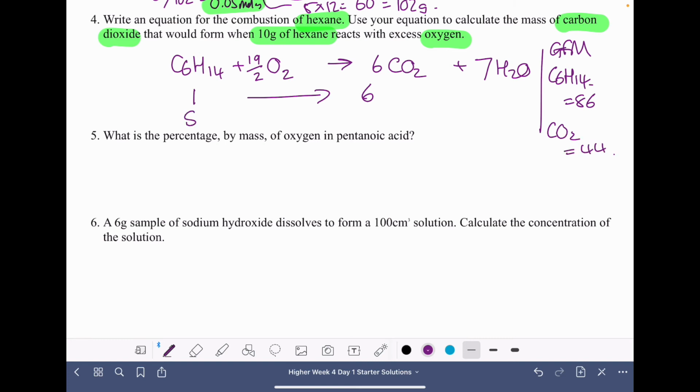So 86 grams should give me 44 times 6, which is 264 grams. I'm going to start off with 10 grams. So I'm going to end up with 264 divided by 86 times 10, which is 30.7 grams.